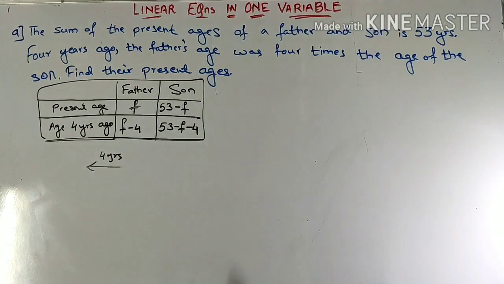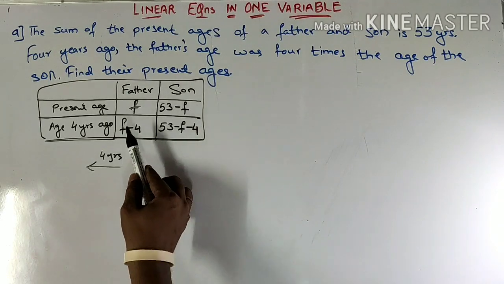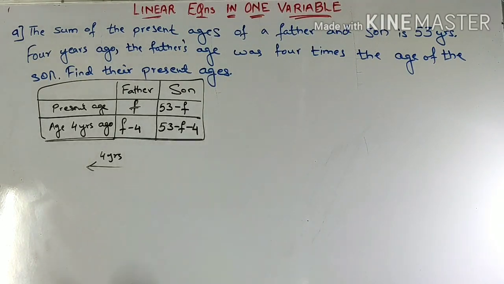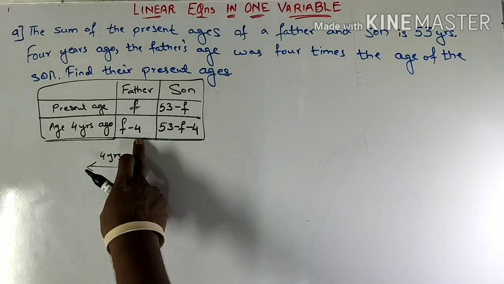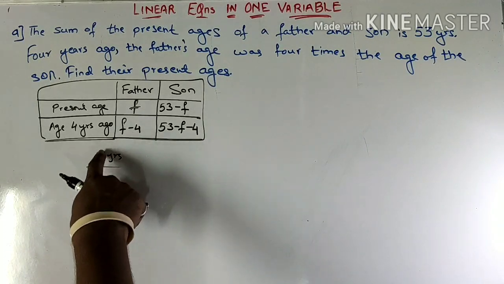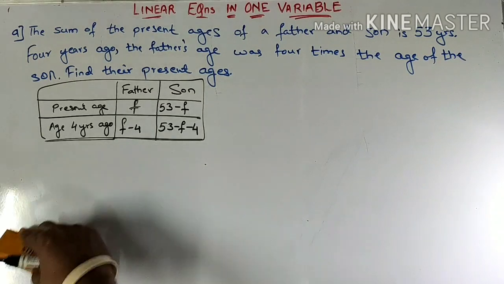Agree to it? So do not subtract 4 only from father's age or only from son's age. Both of them are going back in time. How many years? 4 years. So 4 will be subtracted from both of their ages.